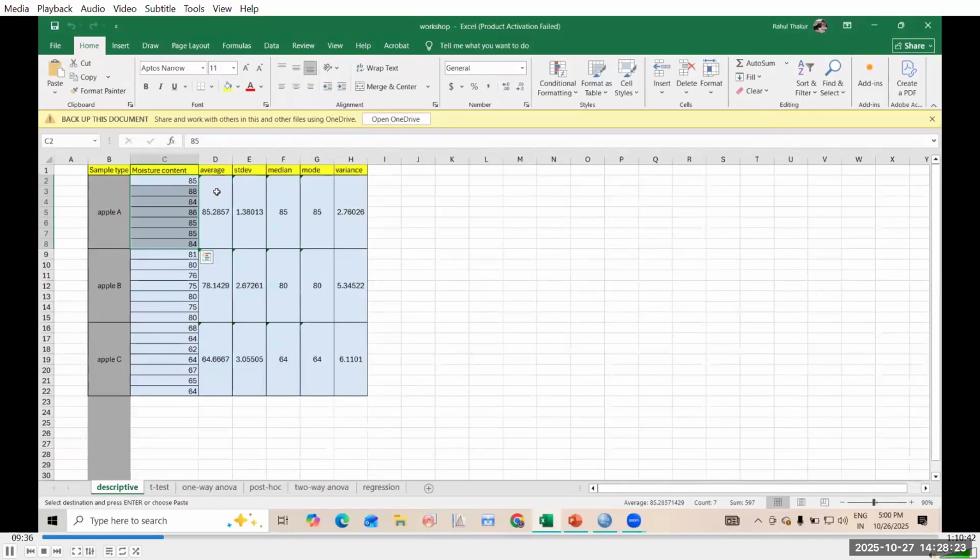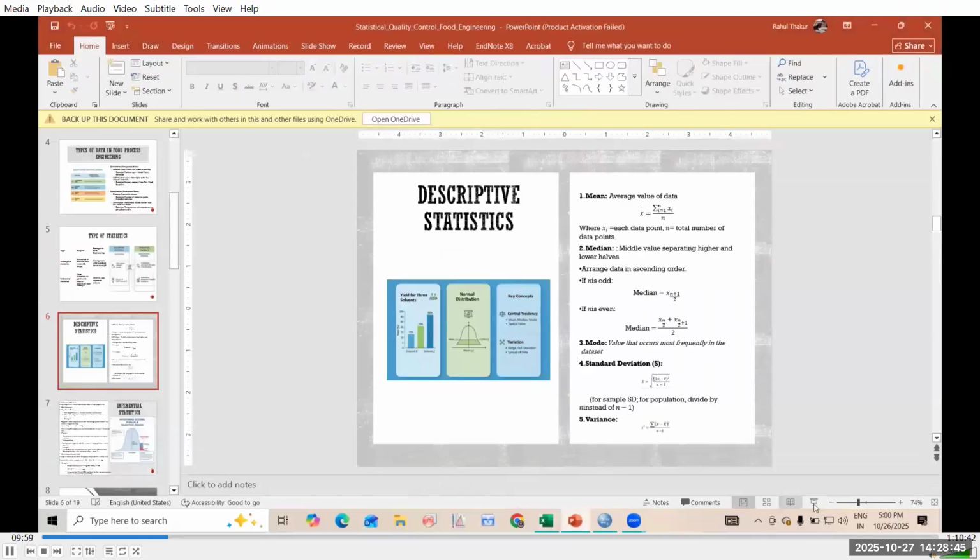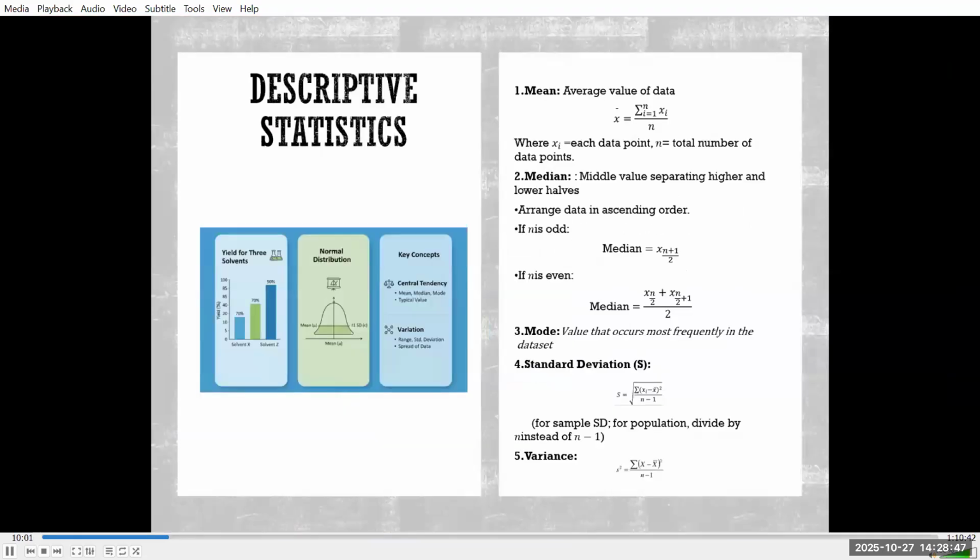And we can analyze from the Excel file the average, median, mode, standard deviation, and variance. These are the average values of all the replicates of the three varieties. Standard deviation, median, mode, and variance can be calculated through Excel easily. Next slide.